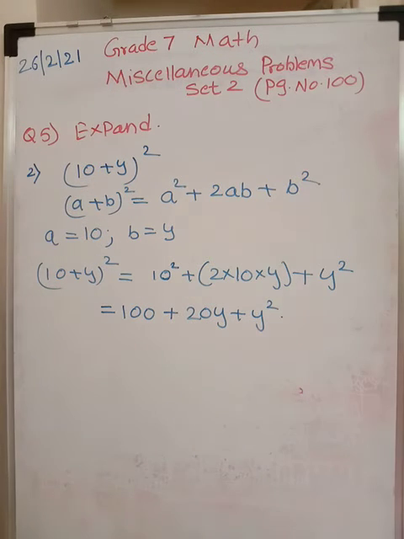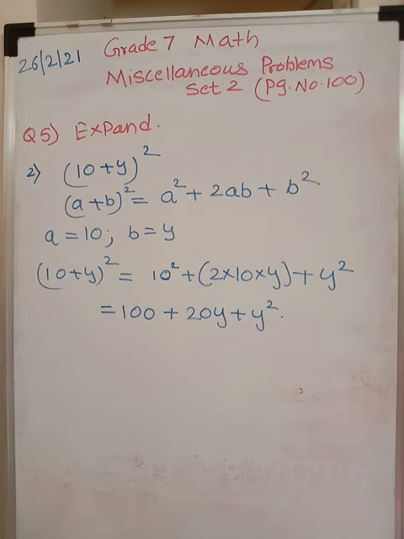So this is very easy, no? Just put into the formula. So that's your final answer we got. So we have 100 plus 20y plus y square. Okay, let's go for the third problem.